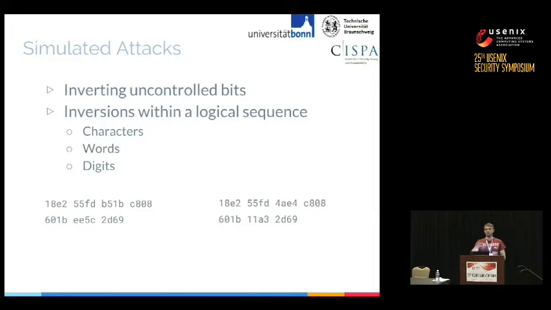So if we have an alphanumeric approach, we just change a few characters, or if we have a word approach, we change all the bits inside of words, to maximize the controlled characters. This would be an example for the hex approach, where we changed 8 characters.